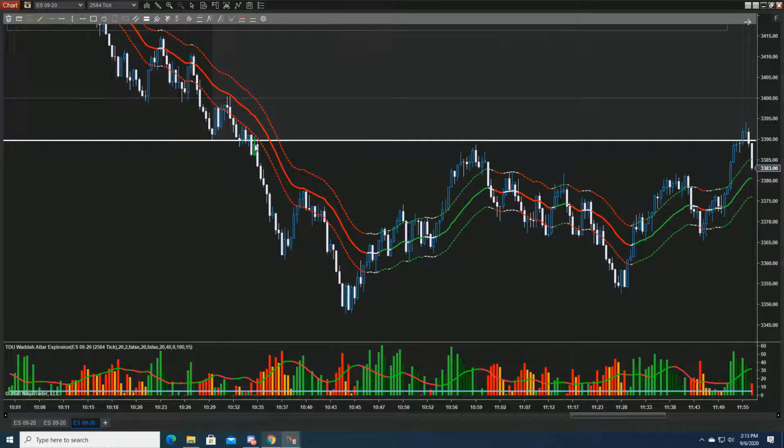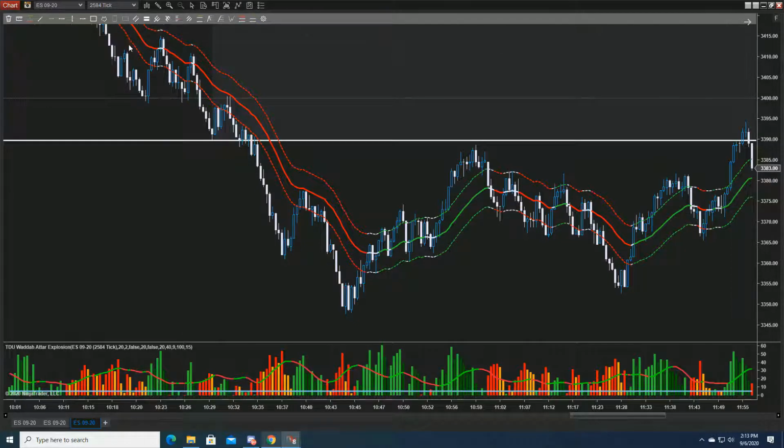This being a perfect example. So we get all of this separation here. Remember, the outer bands are a single ATR period. Again, we're looking at 100 bars. What's the average true range over that 100 bar period? That's what's giving us the outer bands. That's one average true range.